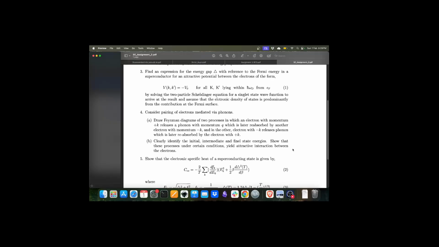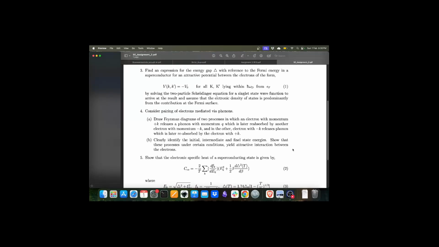This is essentially the same question as question number two. It just says two particle Schrodinger equation and so on. But there is a solution in the real space formalism as well. So the only difference is that we can solve it exactly like question two.